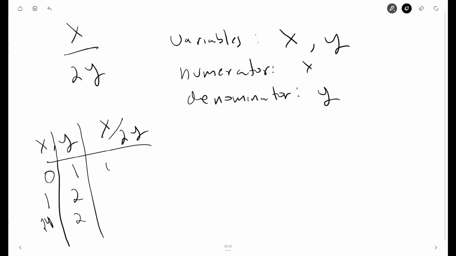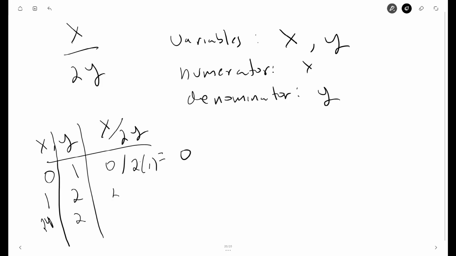So for 2y, it's going to be 0 over 2 times 1, which is 0 over 2, which is 0.